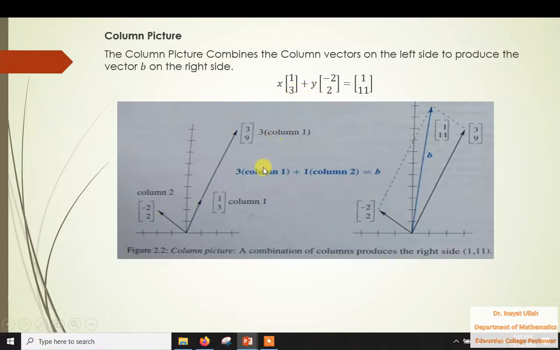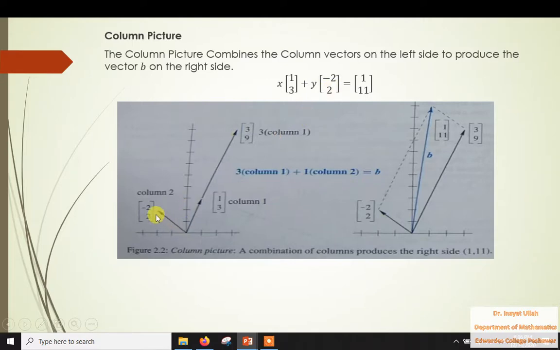So that's why, multiplying this vector by 3, 3 times column 1, increases the magnitude of this vector 3 times. 1 times this vector means that the magnitude will not be increased, because 1 times something is that same thing.